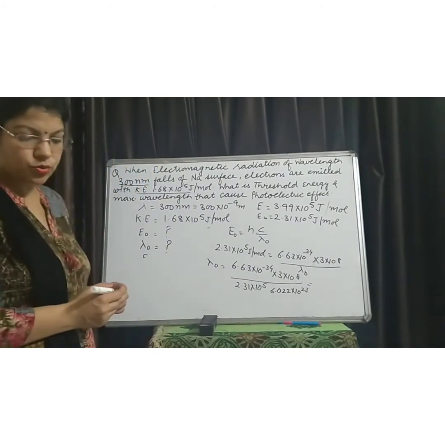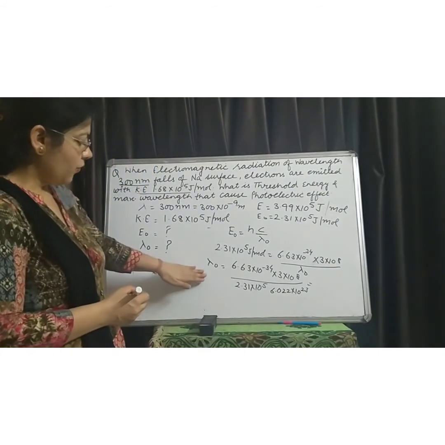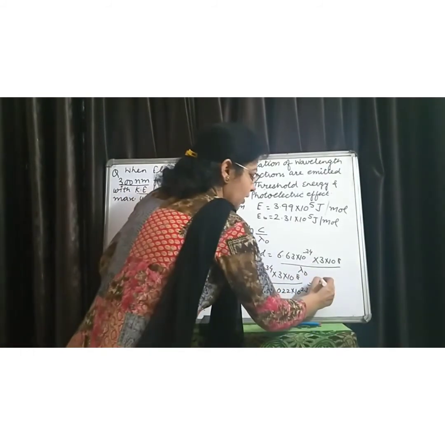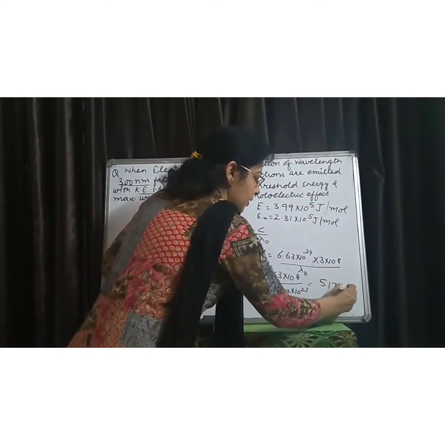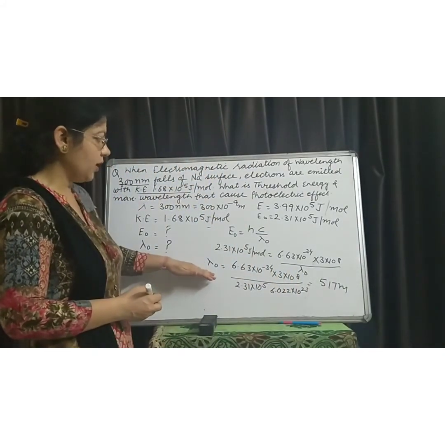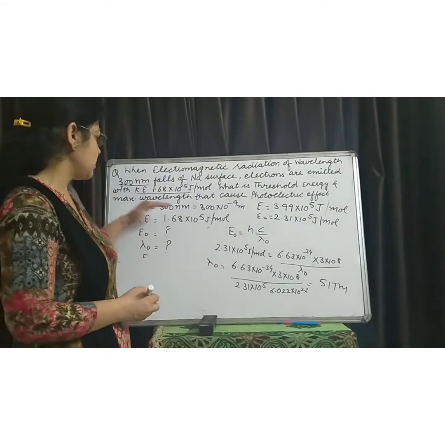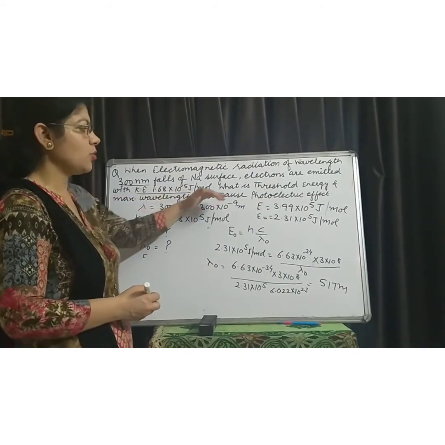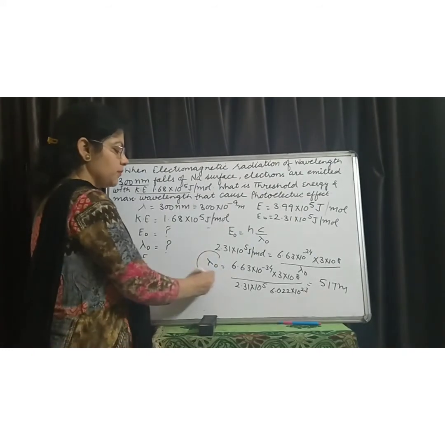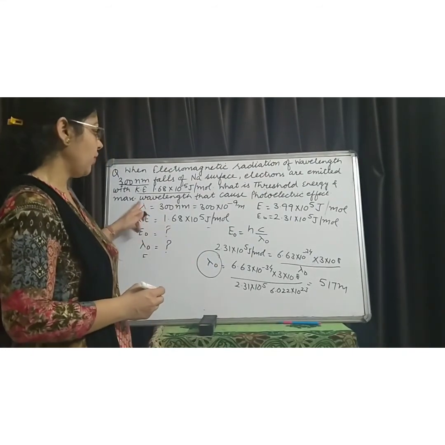When you solve this, you get the value of the wavelength, which is 570 meter. This wavelength is the maximum wavelength that causes the photoelectric effect, also known as the threshold wavelength.